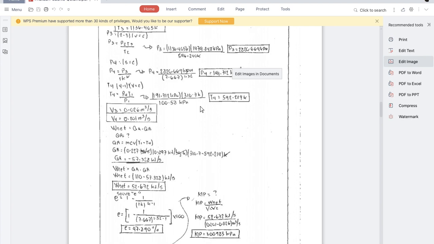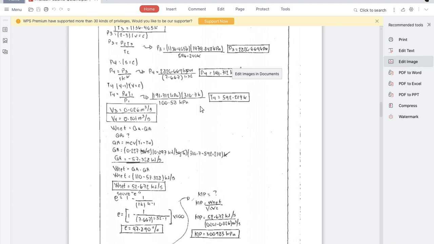The formula used is P4 equal to P3 over rk raised to k, so P3 is 2,820.669 kPa over 7.667 raised to 1.32, and we get the final answer of 191.712 kPa for the P4.